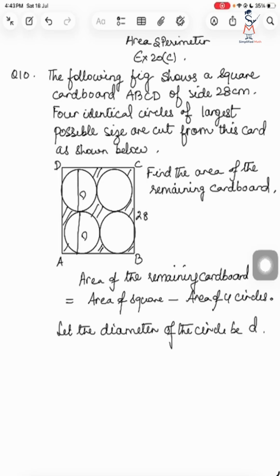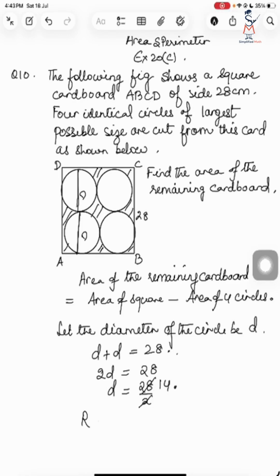So diameter plus diameter has to be equal to the side, that is 28. Fine. So 2D will be 28. So diameter of one circle will be 28 divided by 2, that is 14.